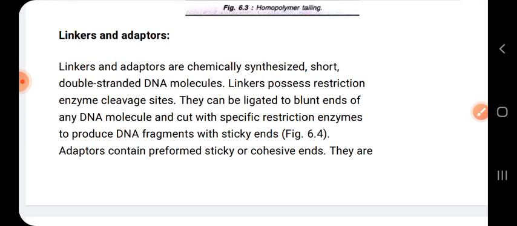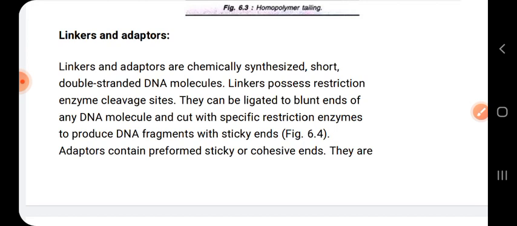Linkers are short chemically synthesized double-stranded oligonucleotides which contain one or more restriction endonuclease sites, where the restriction enzyme will identify and cleave.